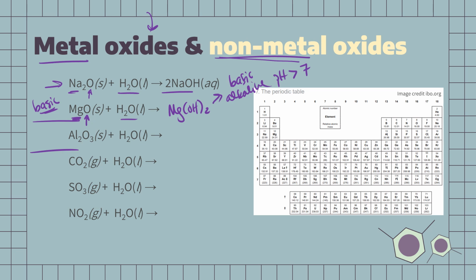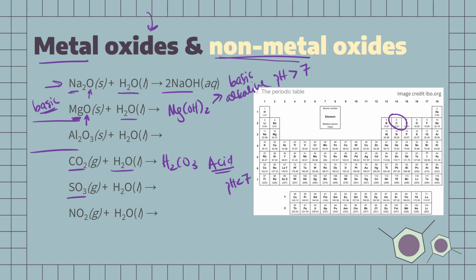We're going to look now at our non-metal oxides. Carbon dioxide, carbon here, is a non-metal. When it reacts with water, we get H2CO3. This is carbonic acid. It's an acid, and it has pH that is less than 7.